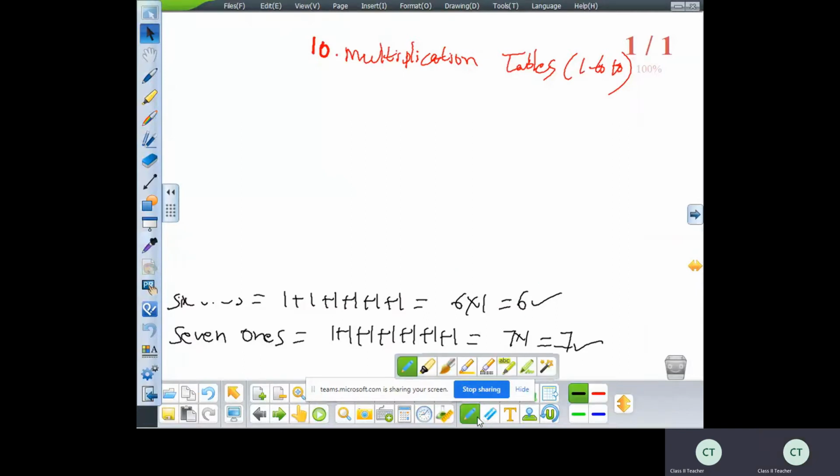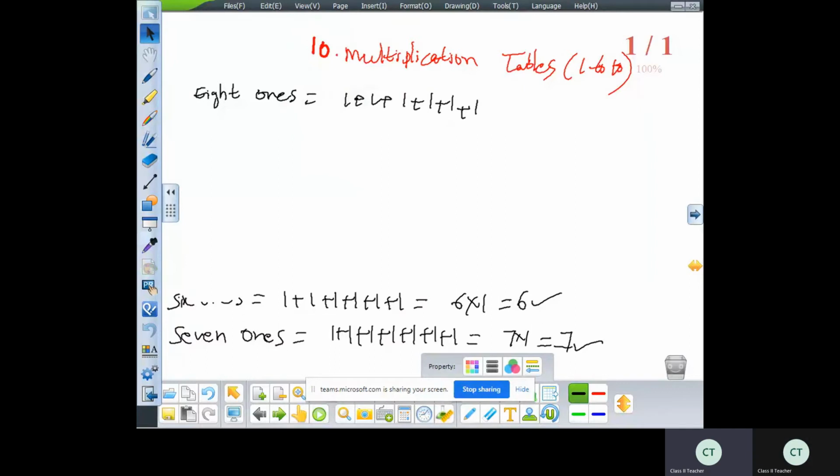Now 8 ones. Here 1 is repeated 8 times. 8 times 1. 8 ones are 8.